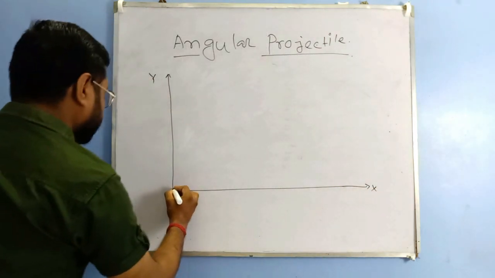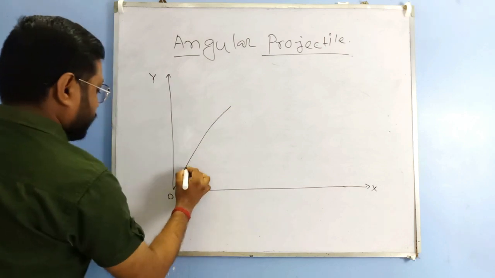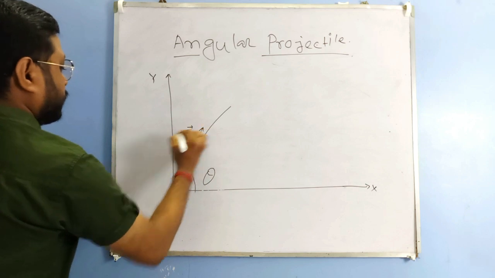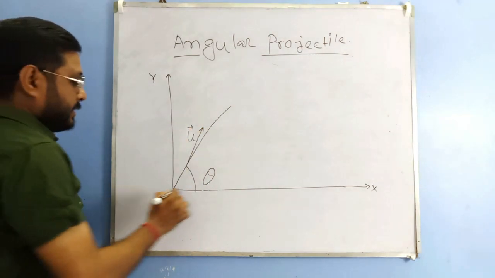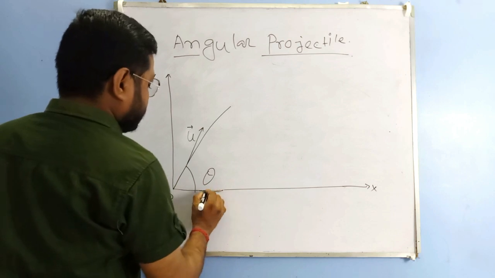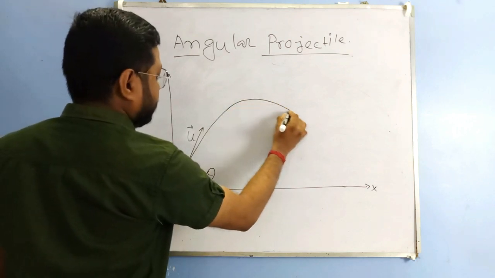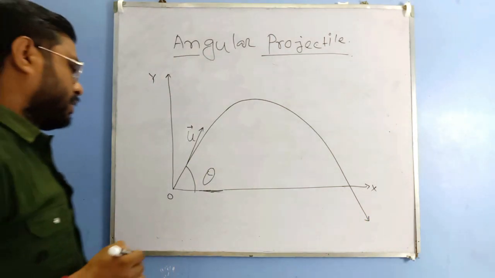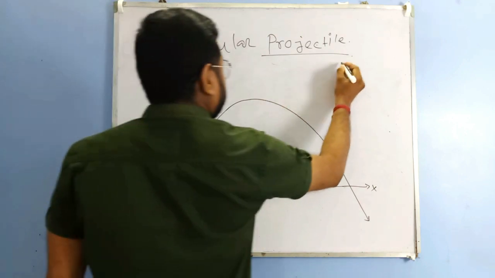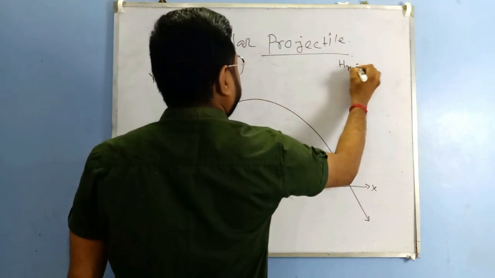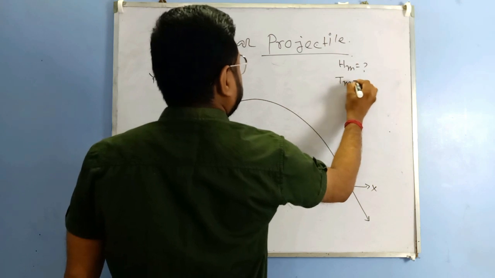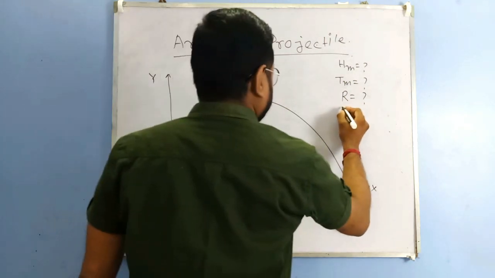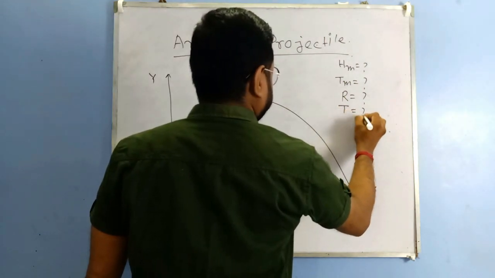If we throw a particle with velocity u at an angle with the horizontal, then it traces a parabolic path and returns to the ground after some time. We shall find out the maximum height hm, total time of flight, horizontal distance covered, and also the path or trajectory.